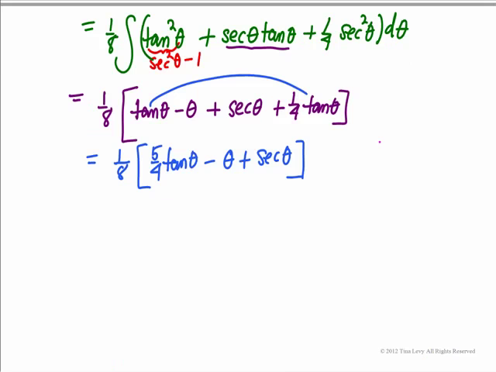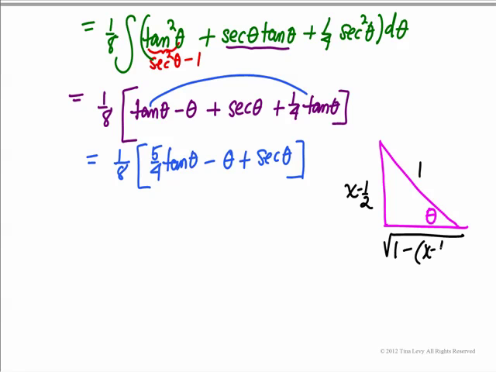Putting the triangle, we have with theta, this was x minus a half, this was 1, and this was the square root of 1 minus x minus a half squared. We're now ready to use the triangle to put in tangent and secant.